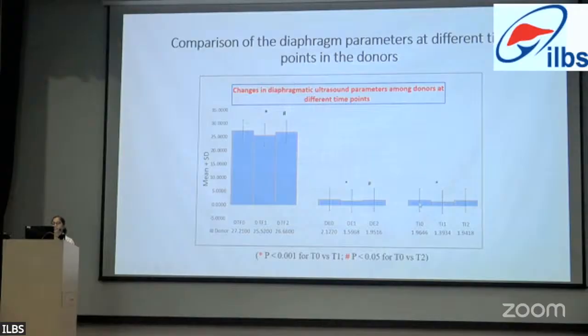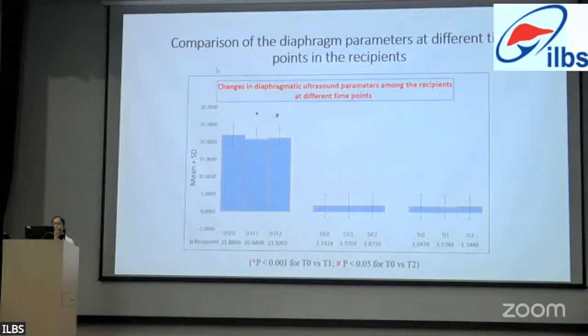So from T0, there is a significant decrease at T1 in terms of time to peak excursion, and at T2 this has reached the baseline level. This diagram shows the comparison of diaphragm parameters at different time points in recipients, where one could see the diaphragmatic thickening fraction decrease from 21 to 20 from baseline to T1, that is 30 minutes after extubation, and at T2 it still persisted low.